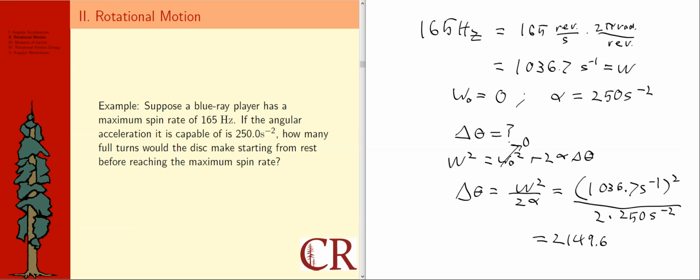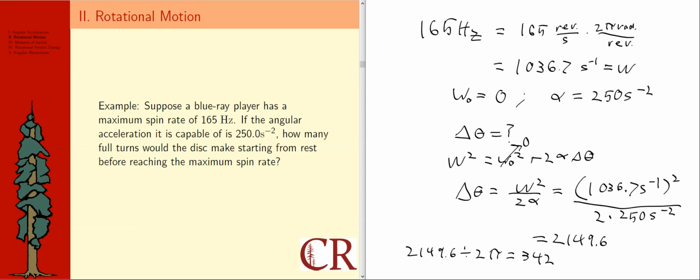Now I take that 2,149.6 and divide it by 2 pi. We can all enter that into our calculators, and I get 342.1, etc. That makes me confident there's going to be at least a full 342, because it's 342 plus a tiny bit.